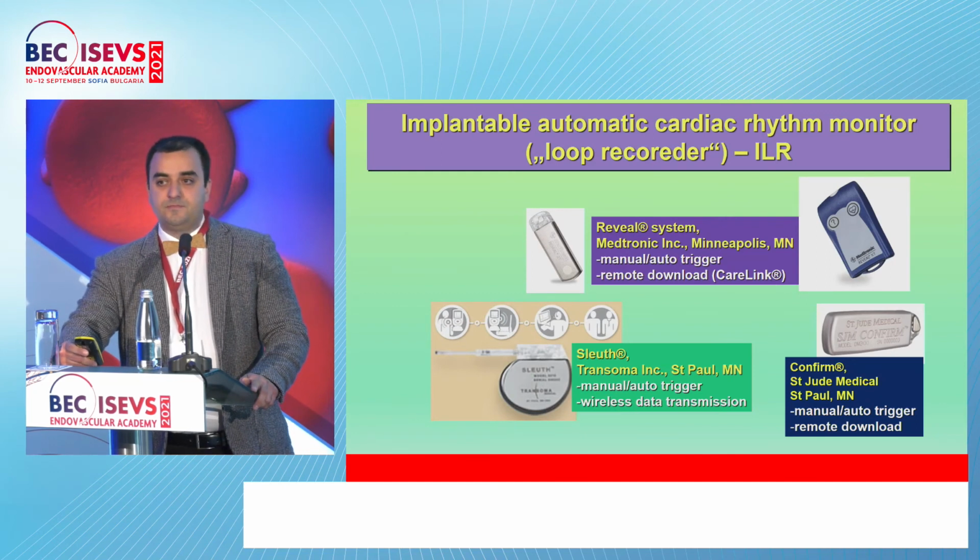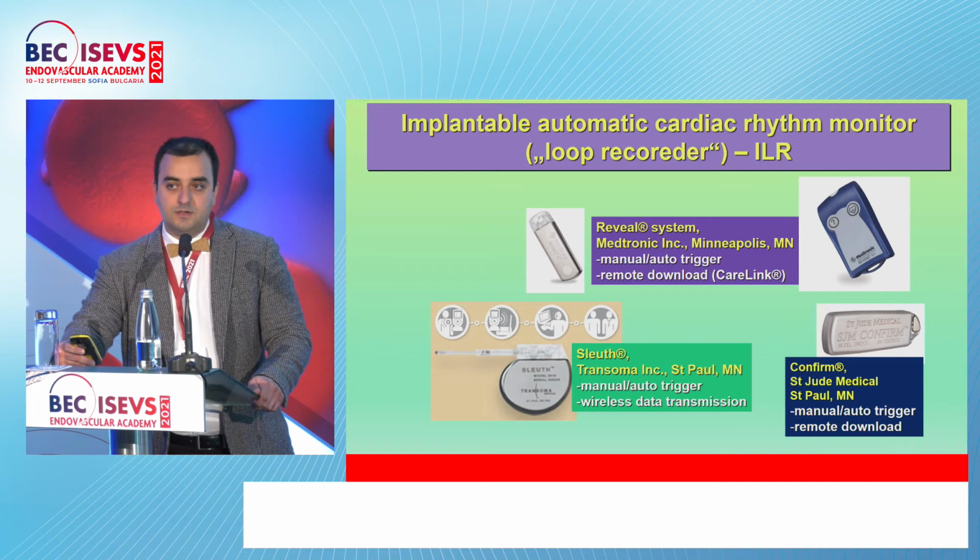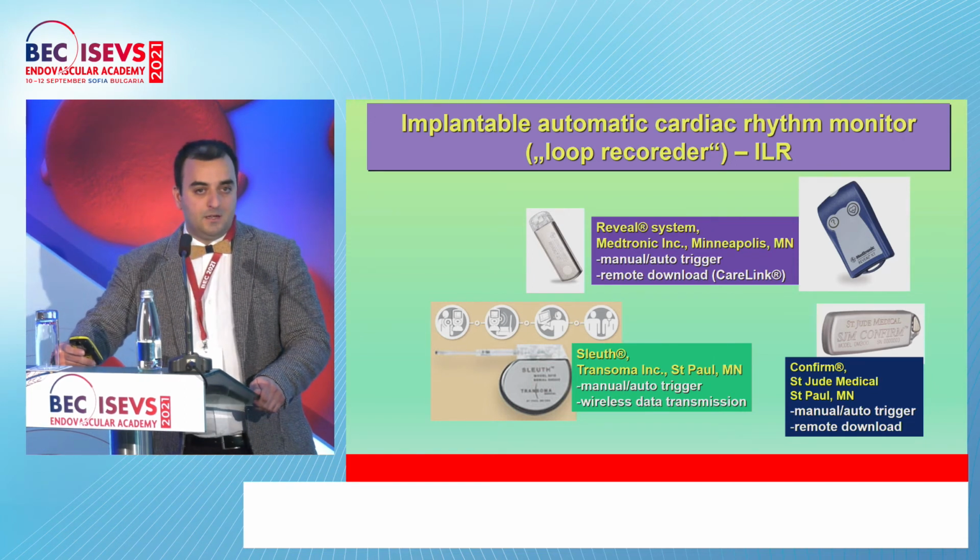What to do? How to improve the treatment of our patients and to find the reason for their cryptogenic stroke, because it's a really common condition.